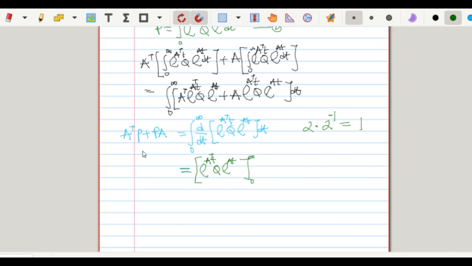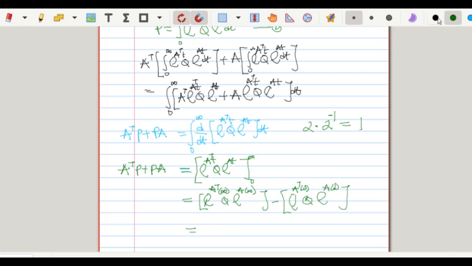So just take your limit, and this will be A transpose P plus PA. From here, if you take your upper limit, you are going to have exponential A transpose infinity Q exponential A infinity, minus exponential A transpose 0 Q exponential A 0.